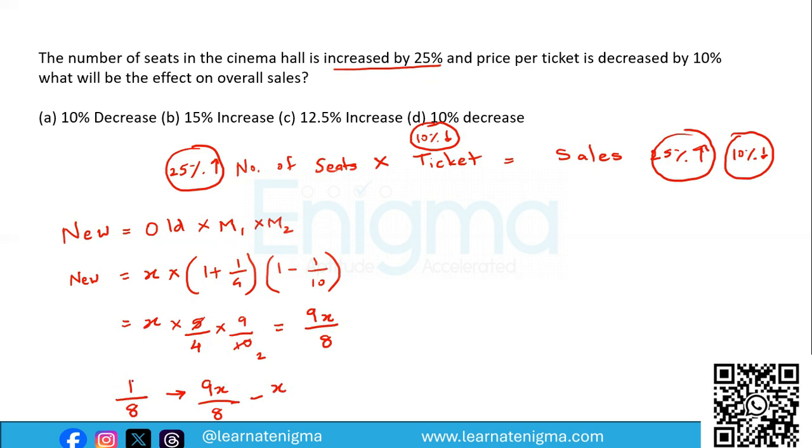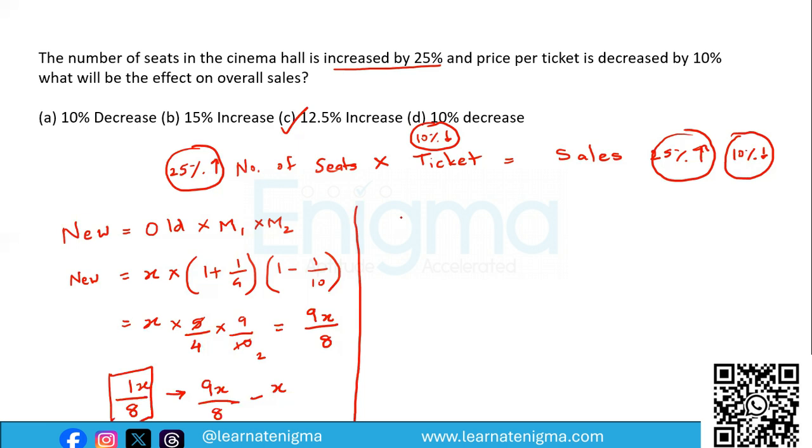So that's how we get 1 by 8, that is x by 8. Now, the percentage equivalent of 1 by 8 is 12.5. And as we have got a positive value, that means it will become a 12.5 percentage increase. Now, this is the first method of getting the answer.